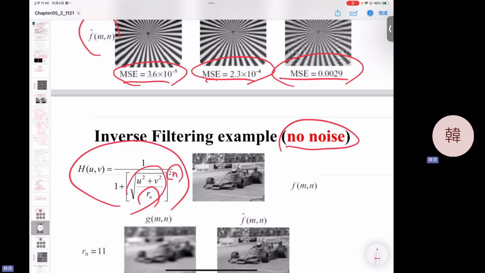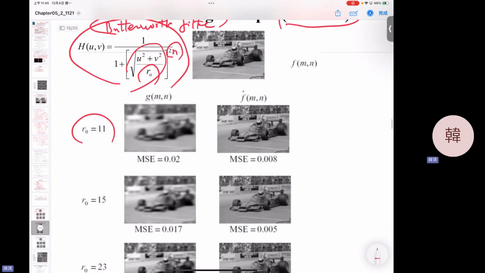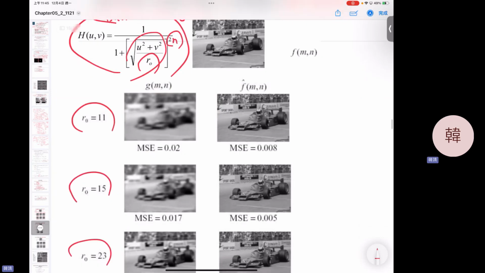R0 is the radius, the same. So it's a Butterworth filter, and R0 is a different radius. You know the Butterworth filter is also similar to the Gaussian, similar to the uniform, but the radius is different. When it's larger, your degradation result will be different.